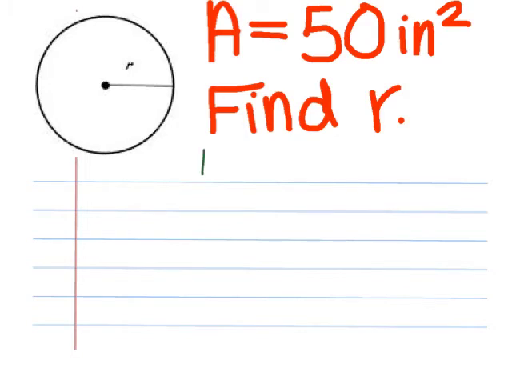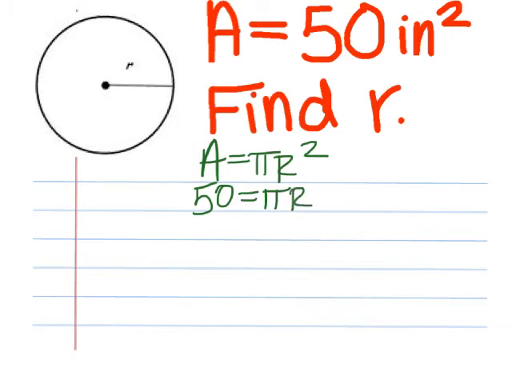Example number 3. This time the area is given to you, and you must find R. The area is 50 inches squared, so put 50 in for A, but you don't know anything else. Your first move to solve this is to divide the area by pi. 50 divided by pi, and that leaves you with r squared on the right.